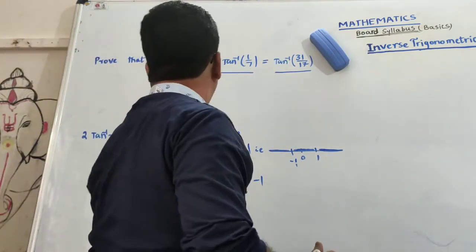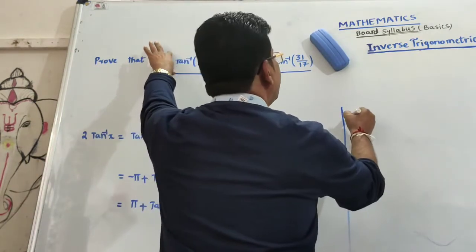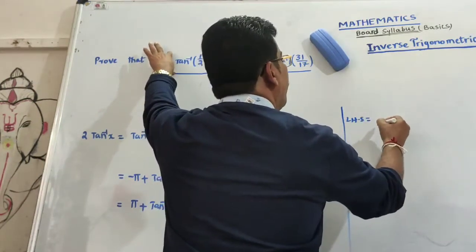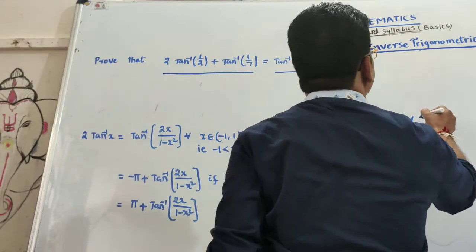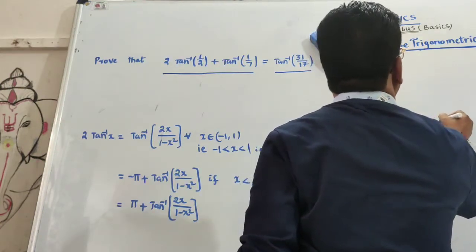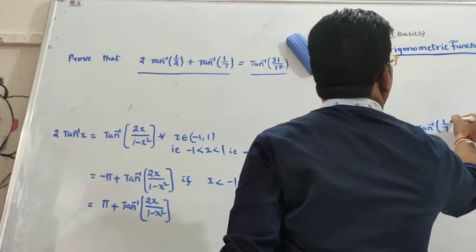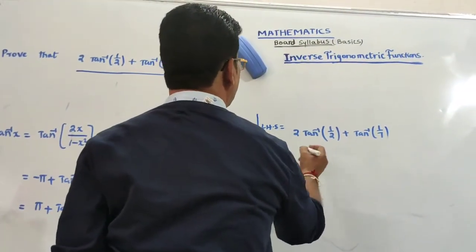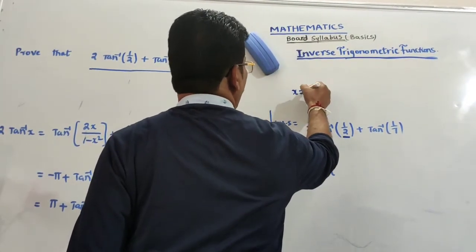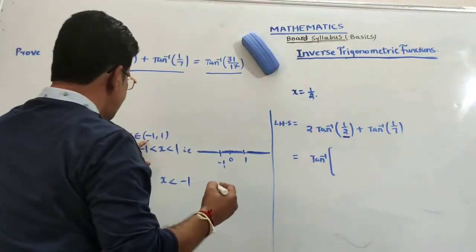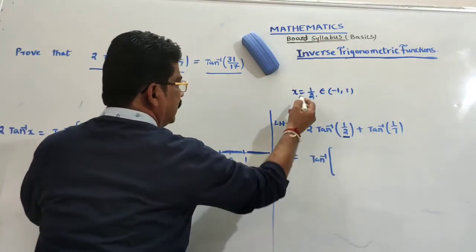Okay, you come to the left hand side. LHS is equal to 2 tan inverse of 1 by 2 plus tan inverse of 1 by 7. Here tan inverse x with x equal to 1 by 2, which belongs to the open interval of minus 1 comma 1, this area.